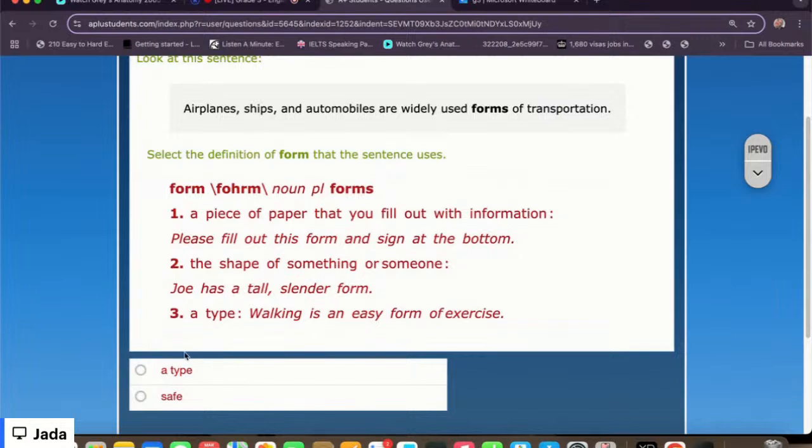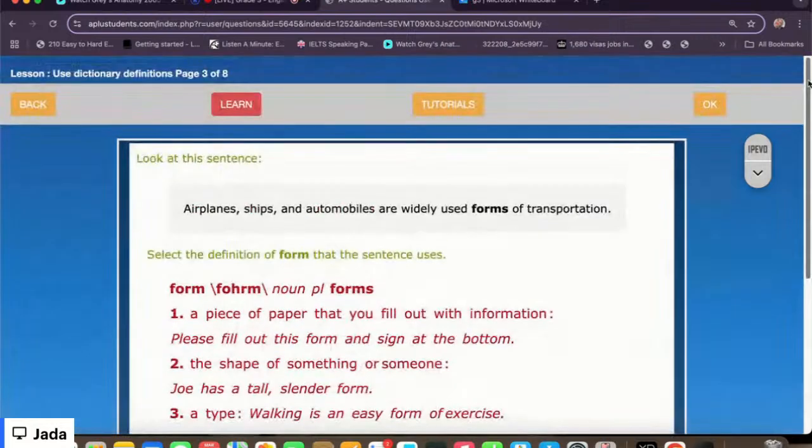A type. Okay, so we have a type. All right.